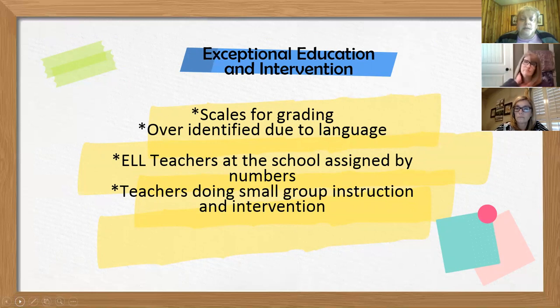And so because of that, sometimes our exceptional education teachers get overloaded with referrals. And it's just because a lot of the times they still have not picked up on the language and how to adapt to that. Jenny, I will say, oh, I'm sorry. No, go ahead. I will say that it's really tricky because we've had students in 5th grade before that we really debated. The child was still having difficulty, even though they'd been in an English speaking school for quite some time.